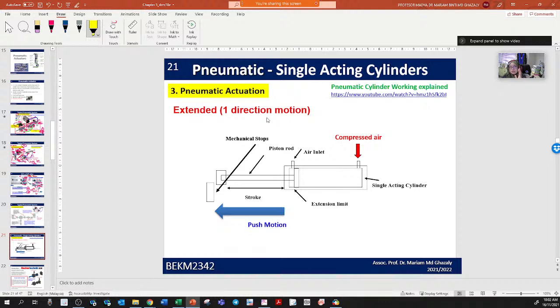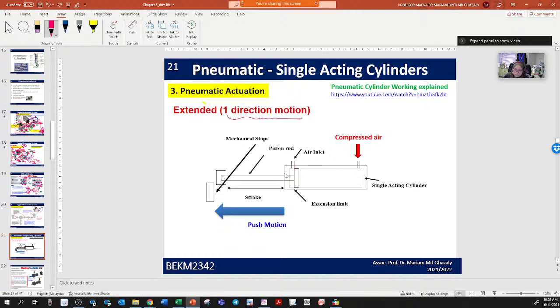And then the next step is the pneumatic cylinder, or we call it the single acting or double acting cylinder. For the pneumatic actuator, there are two types. One is the one direction motion, meaning that it's all going to extend. And most of the time when you have one direction motion, there will be a spring here at the end.